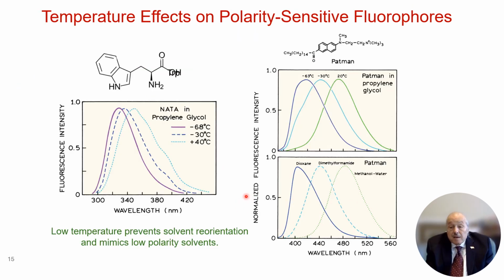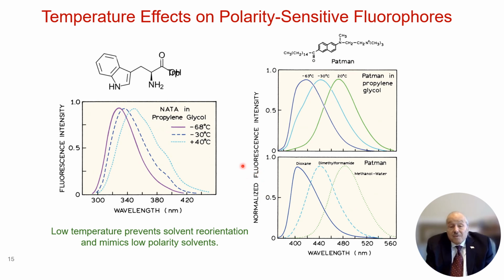Temperature effects. This is done in propylene glycol. The reason this is done in propylene glycol is because it gets very viscous when you cool it down, and it even turns into a solid glass-like state.